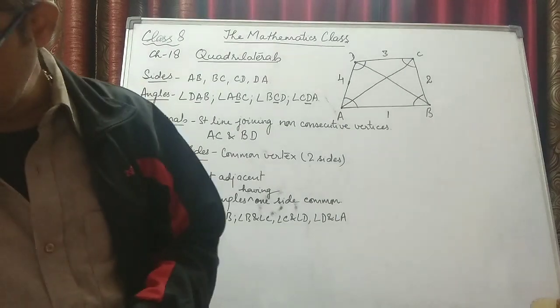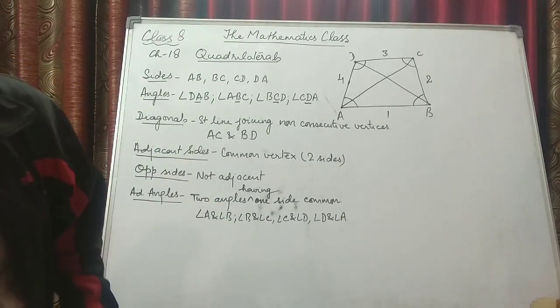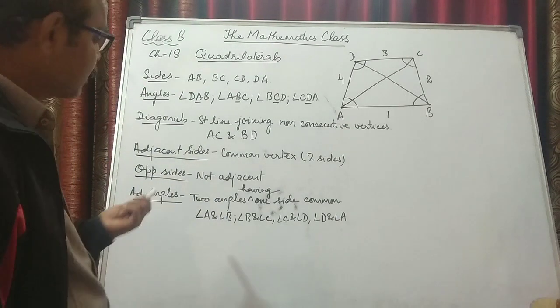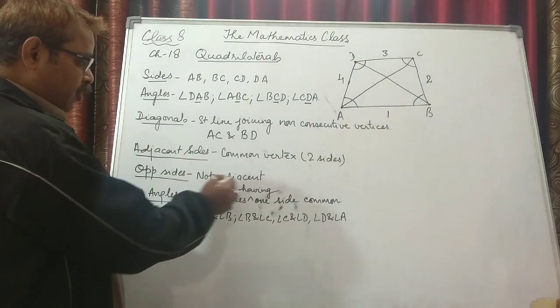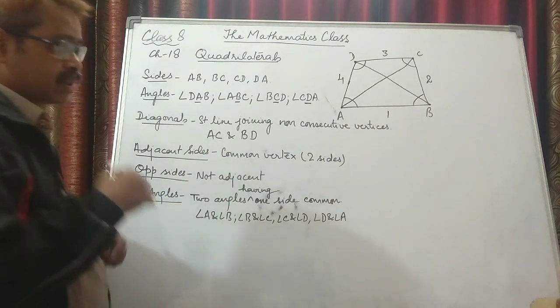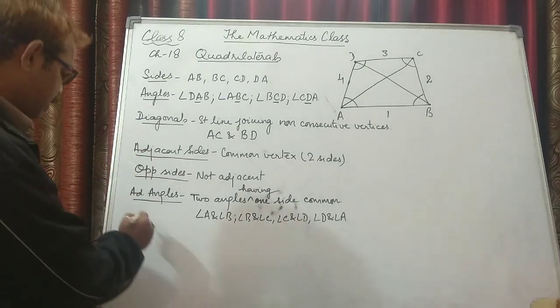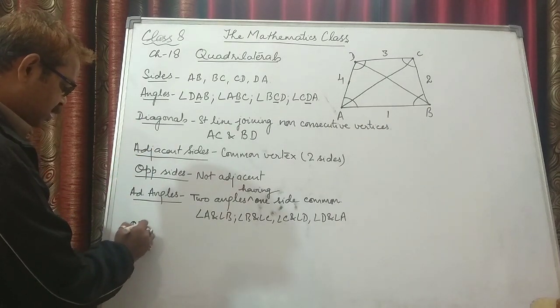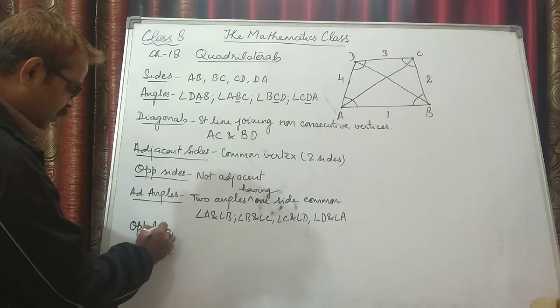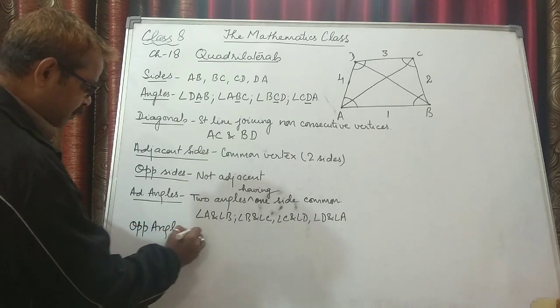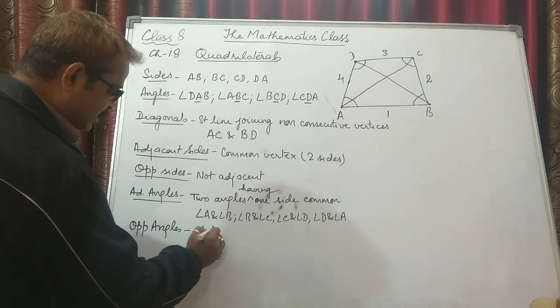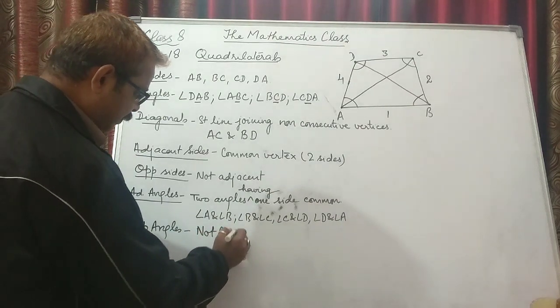Now, opposite angles. They are very simple. Opposite sides were not adjacent. Similarly, opposite angles are those which are not adjacent, and if they are not adjacent, it means they are opposite to each other. So what are opposite angles?